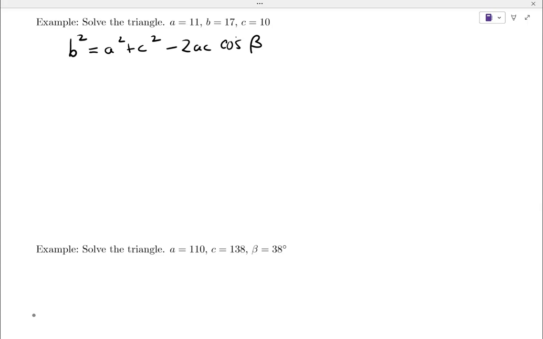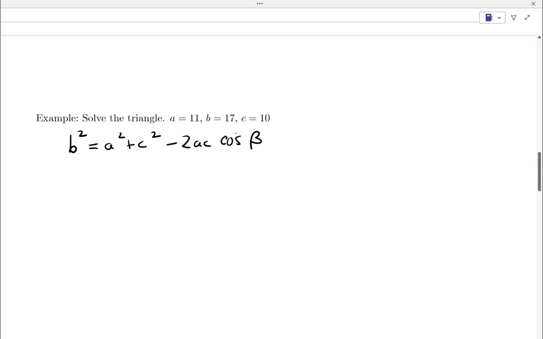Notice again, as I mentioned before, that looks like what? The Pythagorean theorem, right? If your angle is a right angle, cosine of that will be 0, and it is the Pythagorean theorem.